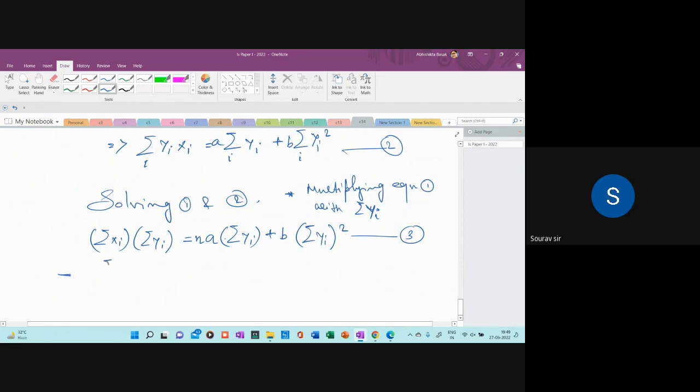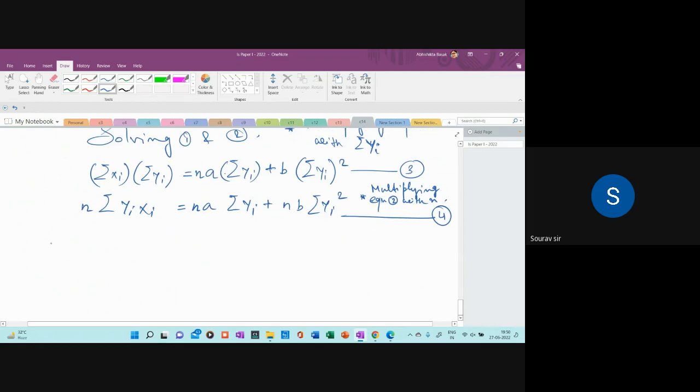My equation 2 is summation yi xi equals a summation yi plus b summation yi square. I get equation 4 by multiplying equation 2 with n, giving n summation yi xi equals na summation yi plus nb summation yi square.